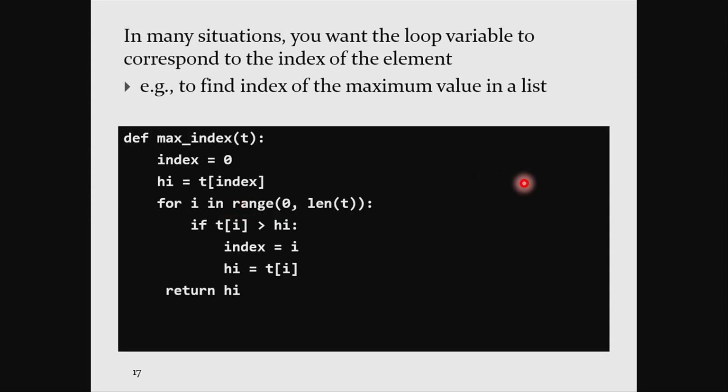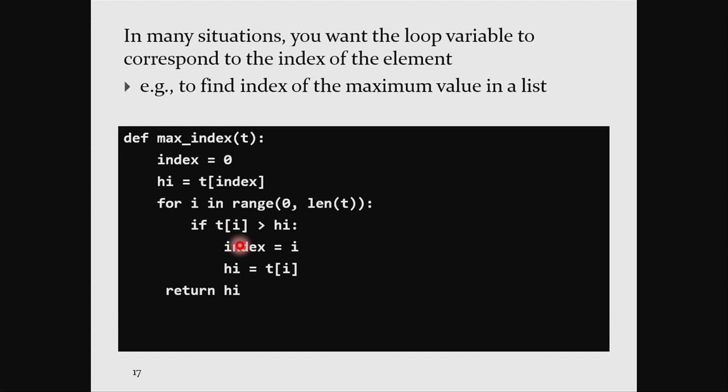In many situations, you want the loop variable to correspond to an index of the element. So there's a lot of cases where inside the loop body, I want to write t square bracket something, in other words, the index of the element that I'm currently accessing.